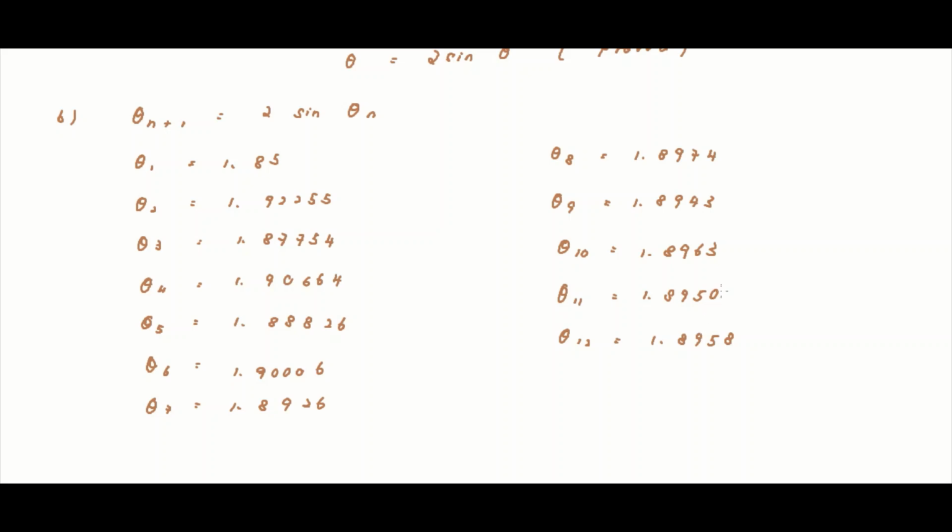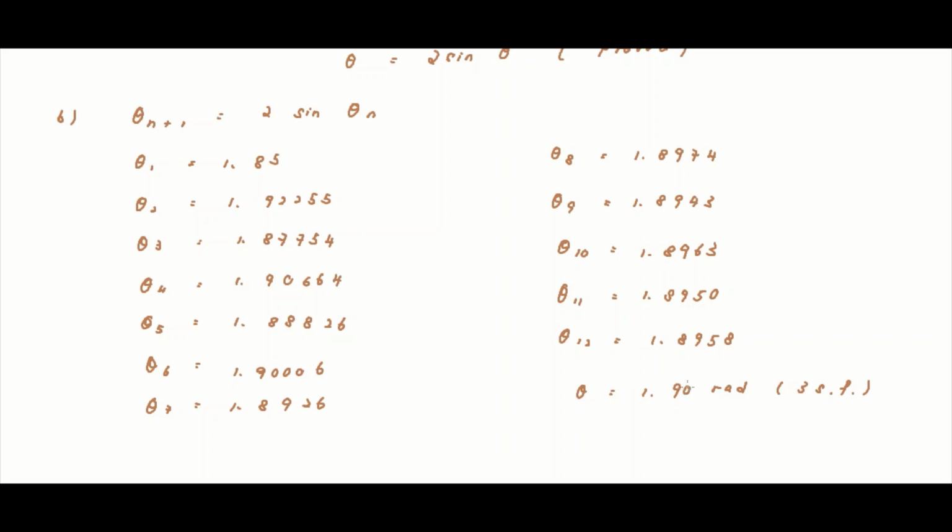Okay, so up to this point, you should realize that for your last three number, it gives you the exact same number when you try to round it into three significant figure, which gives you a convergent series, which your theta is equal to 1.90 radian in three significant figure. Okay, so after the 12th value, you can actually try it out in your calculator and just keep pressing it, and you should be able to see that for every value that you get, it will give you the exact same answer after you have rounded it.